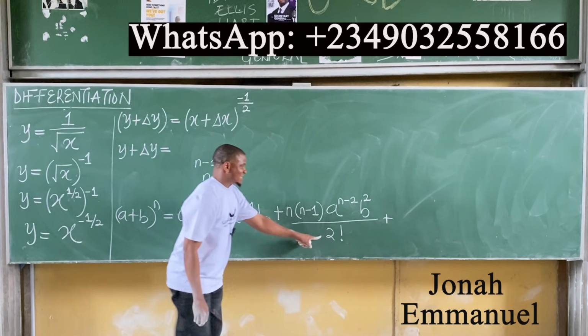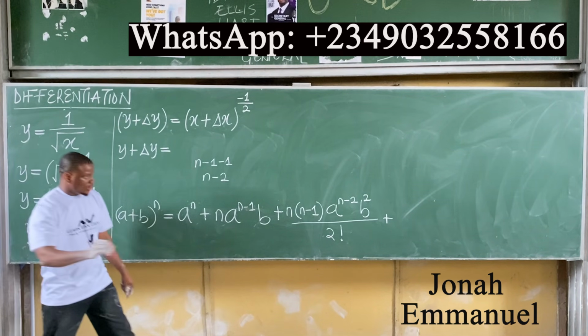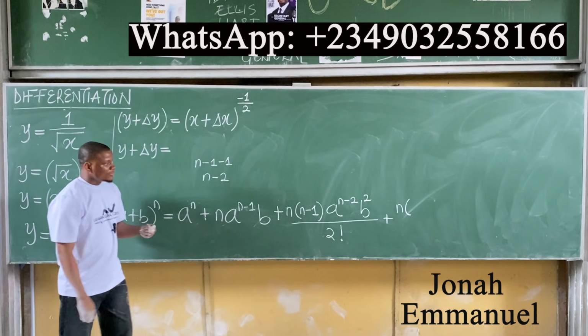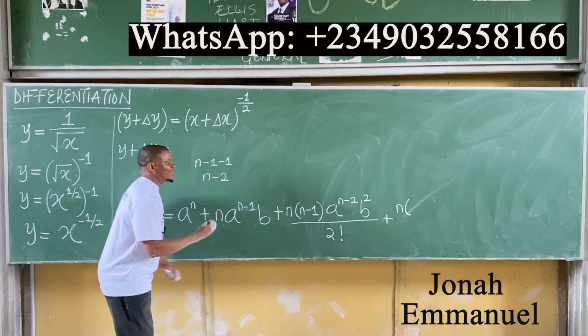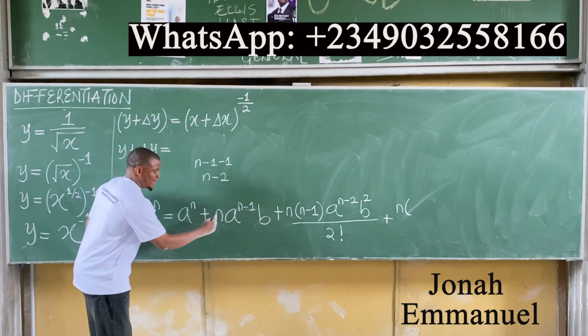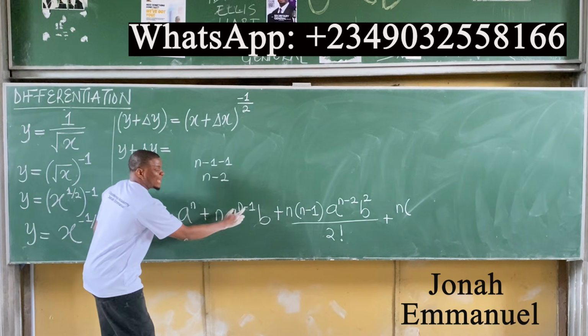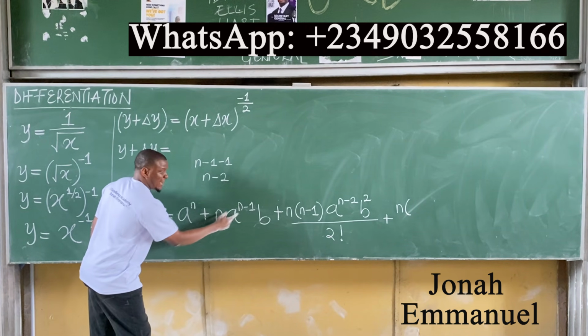Plus, what will be the next term there? Can you see the pattern? N into what? Hold on. I did not jump from n. Look up. I did not discard this n minus 1. When I was bringing n minus 1 down, observe this one was repeated first before I brought it down.